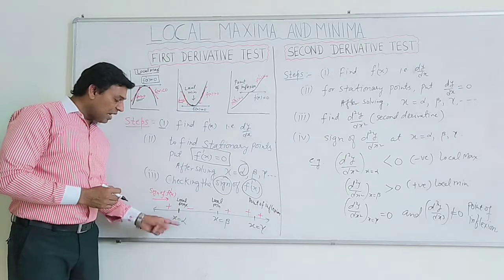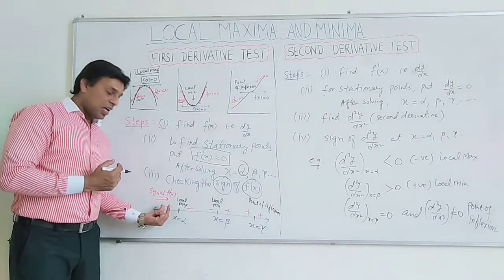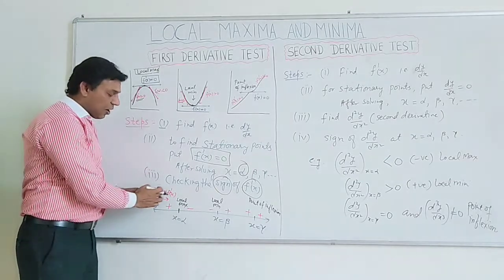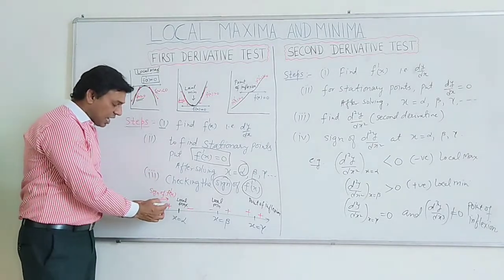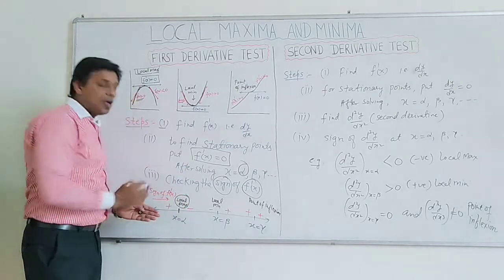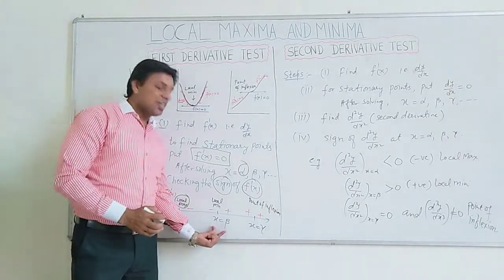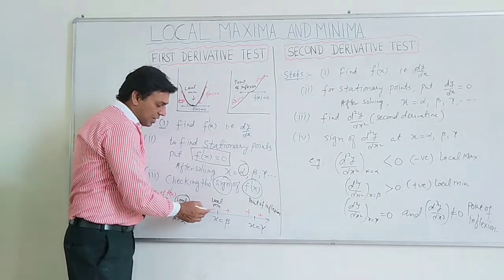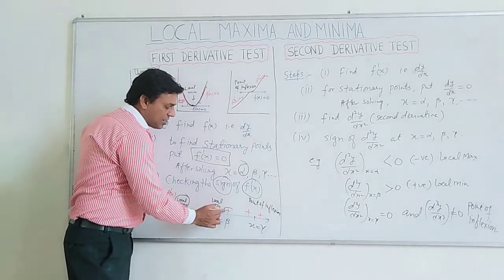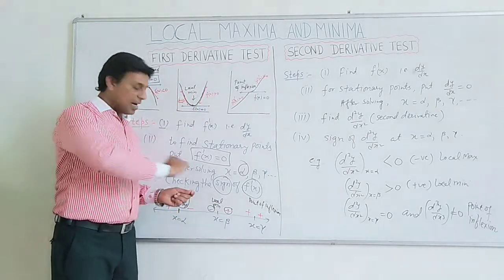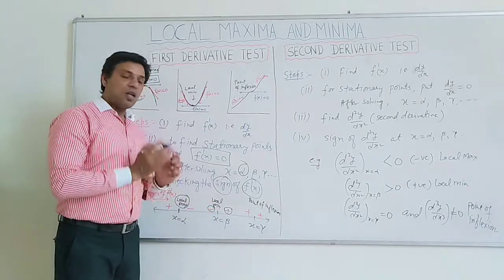If before alpha the sign of f'(x) is positive and after alpha the sign is negative, so the sign is changing from plus to minus, then it will be a local maxima. And suppose there is a point beta where the sign of f'(x) is changing from minus to plus, then this point is called a local minima.